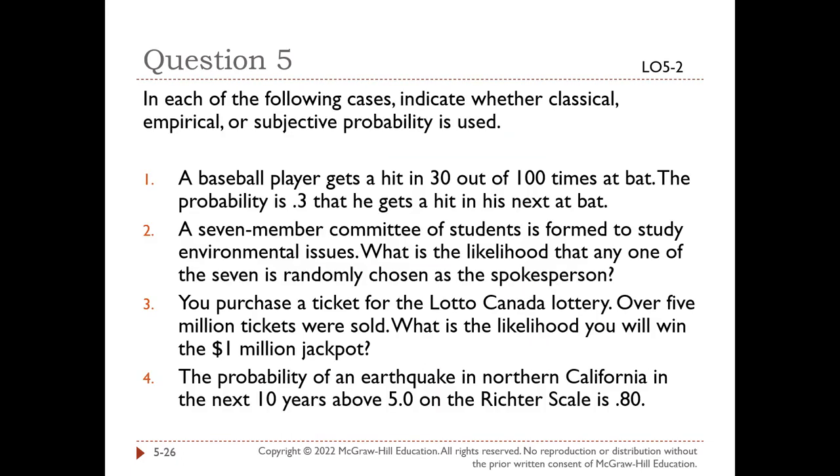Okay. So next one. Question 5. So in each of the following cases, indicate whether we're going to use the classical, empirical, or subjective probability that's going to be used.